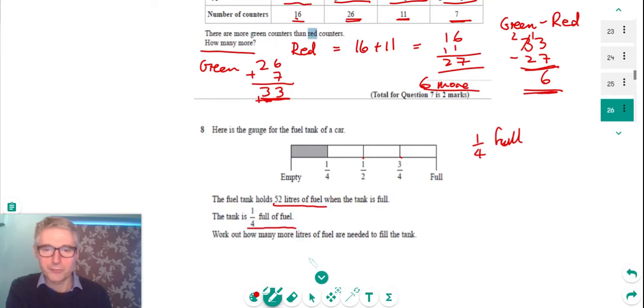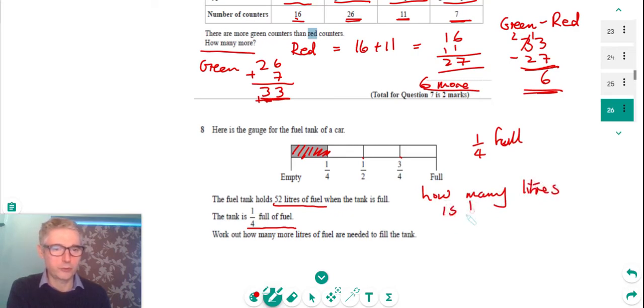full of fuel. So we've got to work out how many more litres of fuel are needed to fill the tank. Well, I think the easiest way is to work out how many litres is 1/4.